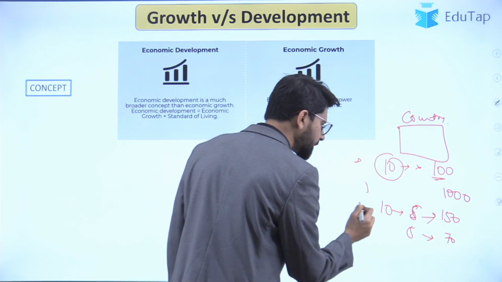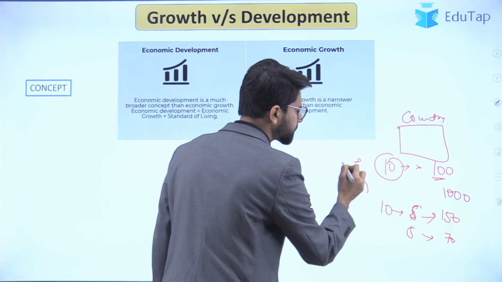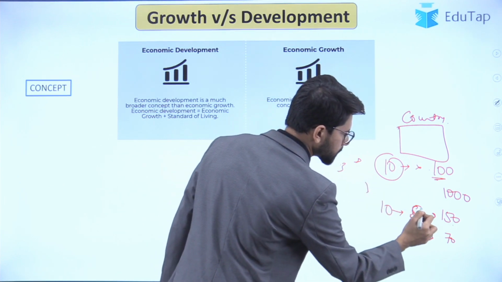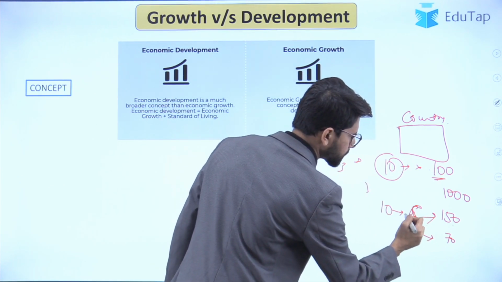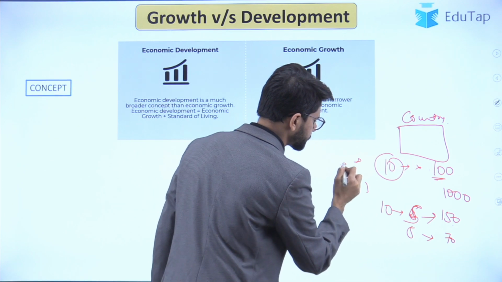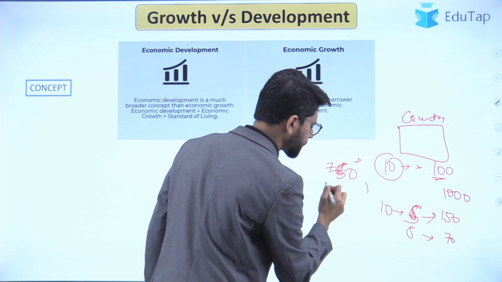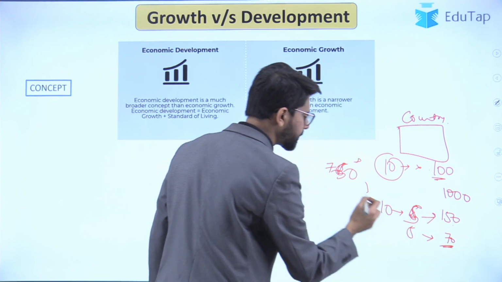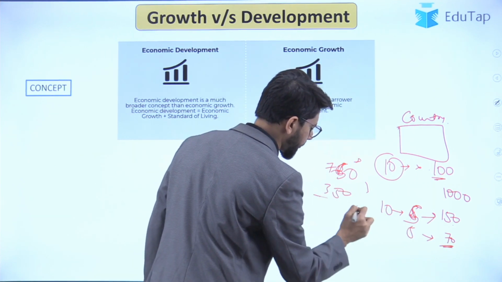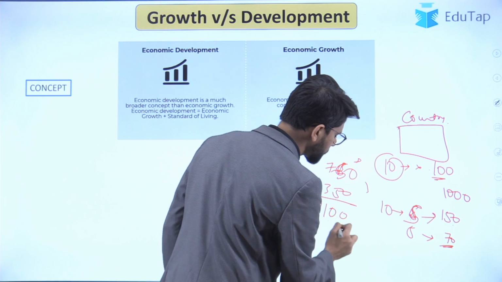So what would be the scenario now? 150 into 5 is 750, and here 70 into 5 is 350. So the sum would be 1100.